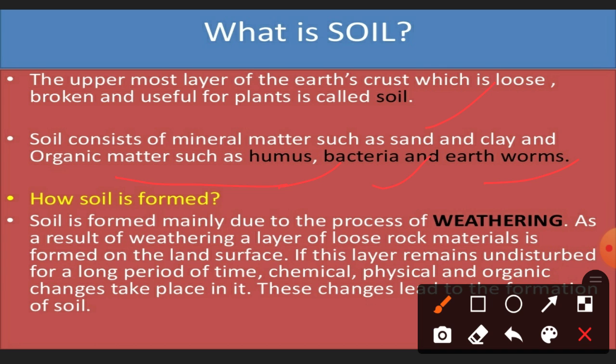How is soil formed? Soil is formed mainly due to the process of weathering. As you know, weathering means the breaking down of rocks in their own place. As a result of weathering, a layer of loose rock material is formed on the land surface.